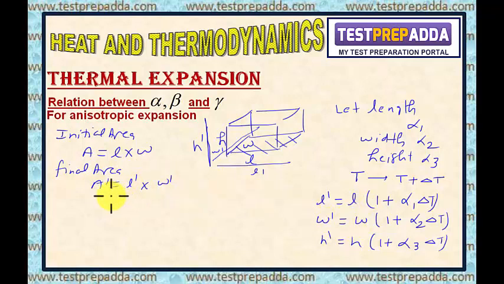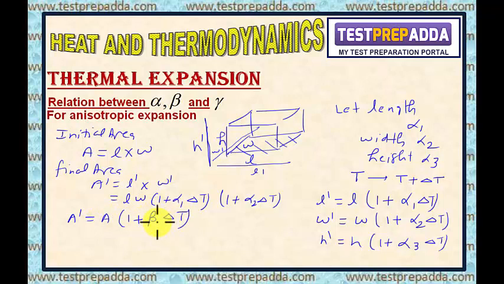If I multiply here, it will be L into W into 1 plus alpha 1 delta T into 1 plus alpha 2 delta T. Now, relate A dash is equal to A into 1 plus beta delta T. Now, if I substitute A dash here and A here, this LW will get cancelled, and at the end I can write 1 plus beta delta T is equal to 1 plus alpha 1 delta T into 1 plus alpha 2 delta T.